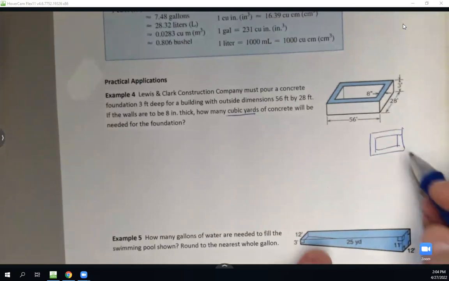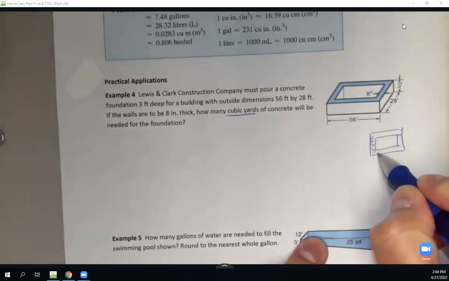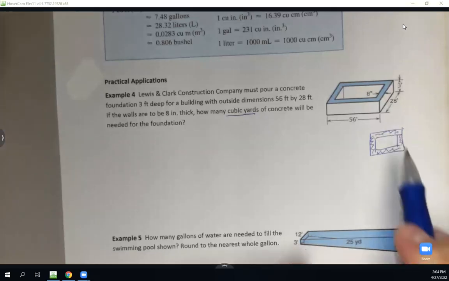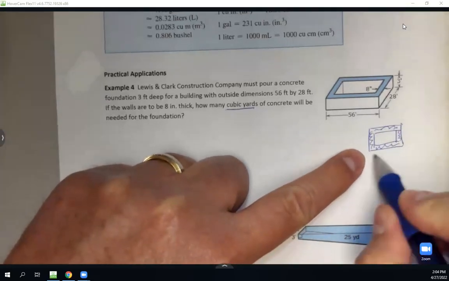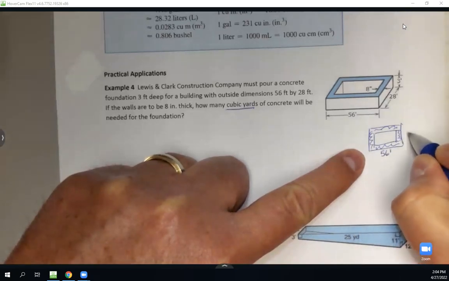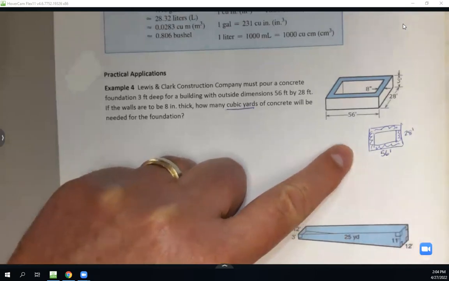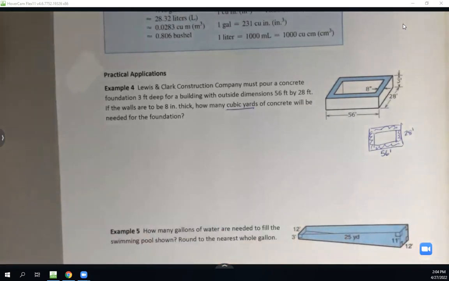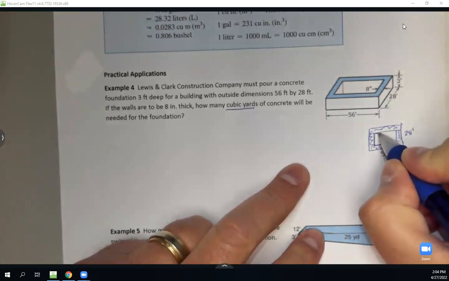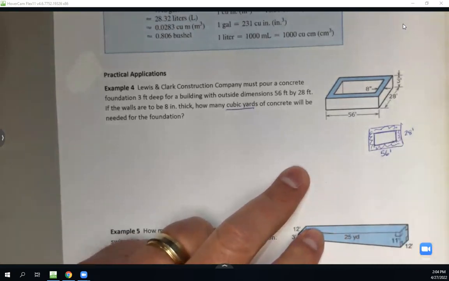So the first thing I'm going to do is find the area of the base. Looking at my base, it's 56 feet here by 28 feet here. That's pretty easy to find, just 56 times 28, and that'll be square feet. But then I'm going to have to subtract out the inner area here.